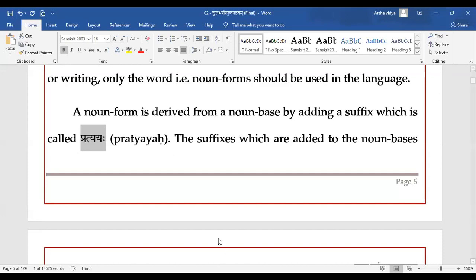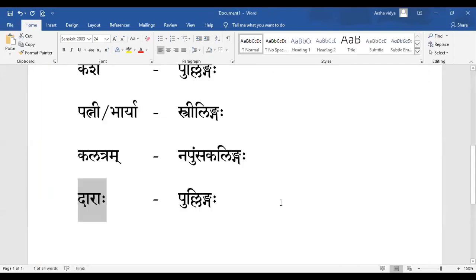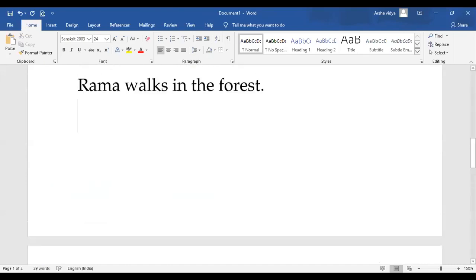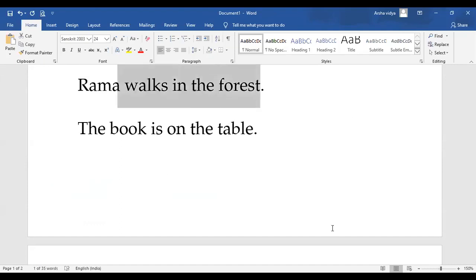For example, I'm typing now in the other word file: Rama walks in the forest. The book is on the table. Let us take this sentence: Rama walks in the forest.